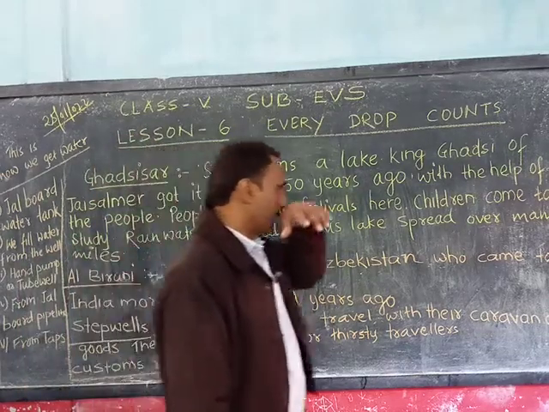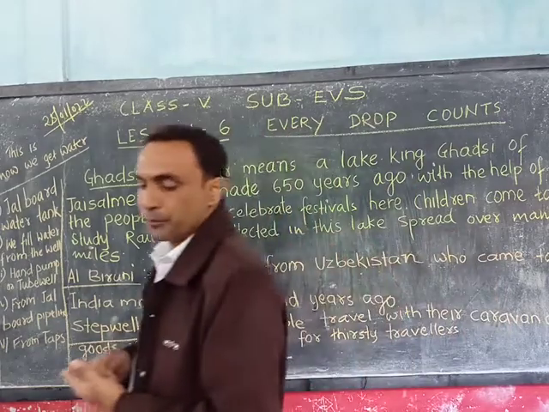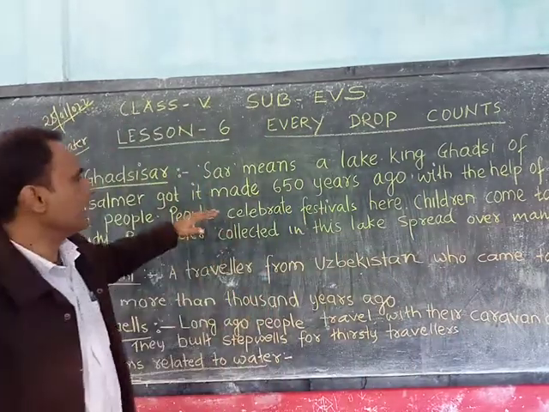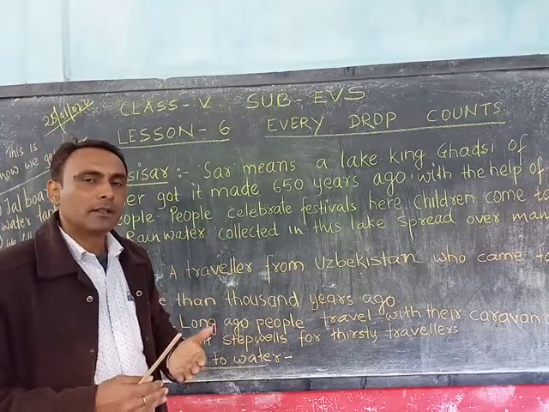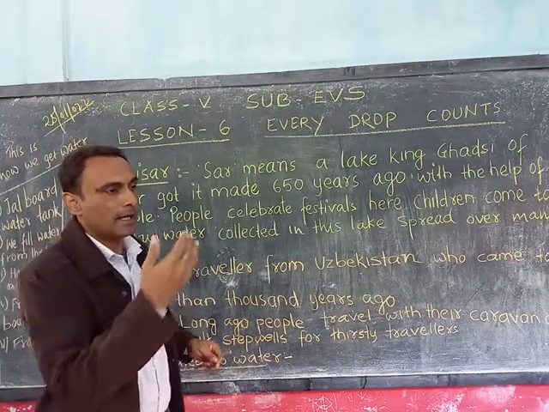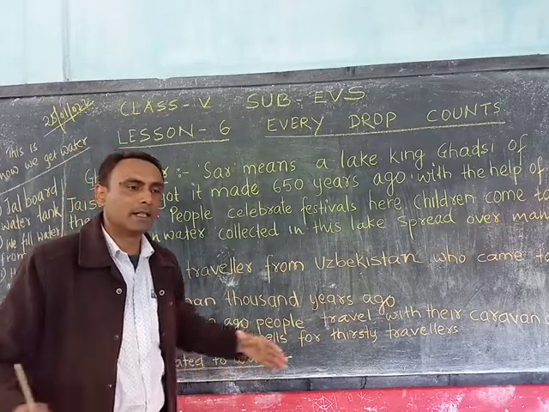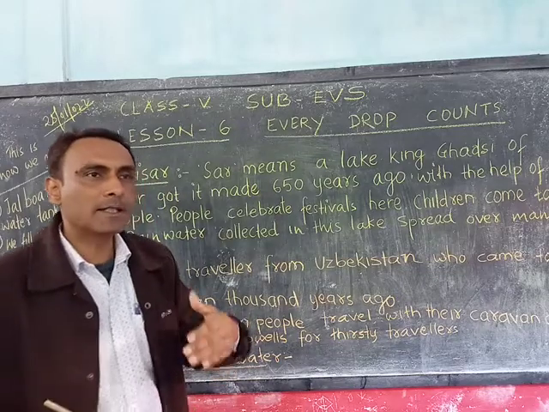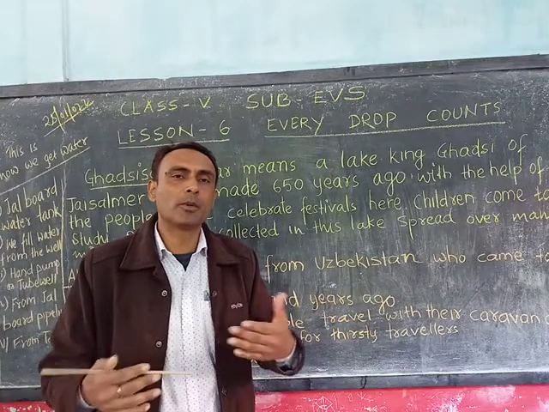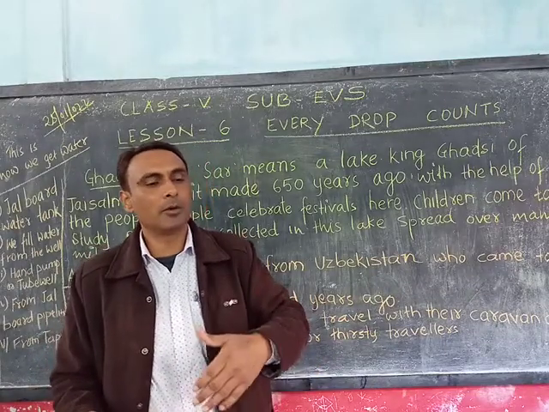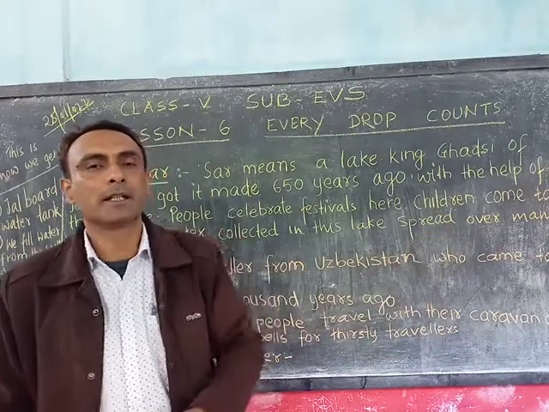Then what happened? The lakes were built in such a way that if the first lake is filled with water and starts overflowing, the overflowing water goes into the next lake and gathers there. When the next lake is filled and starts overflowing, the water accumulates in the third lake.